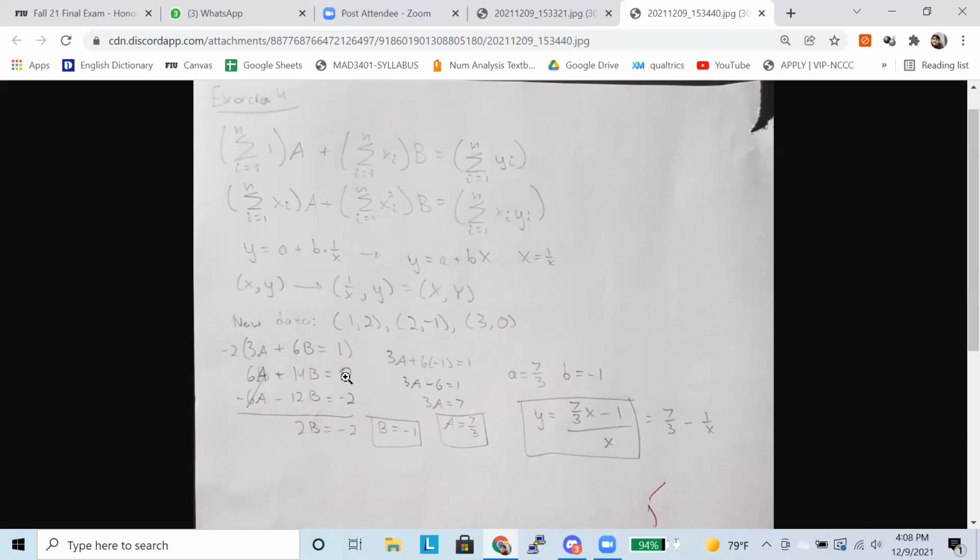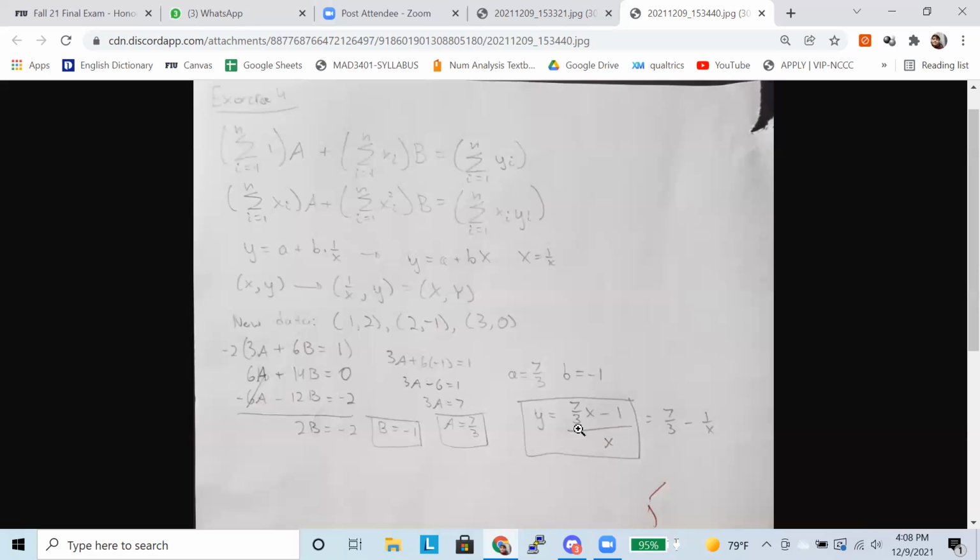You're not done yet, because now you have to convert it back into how it originally was. Originally it was y equals A plus Bx. So you replace that A with 7/3, replace this B with -1, and then you replace that big X with 1/x, so you revert it back to how it originally was.